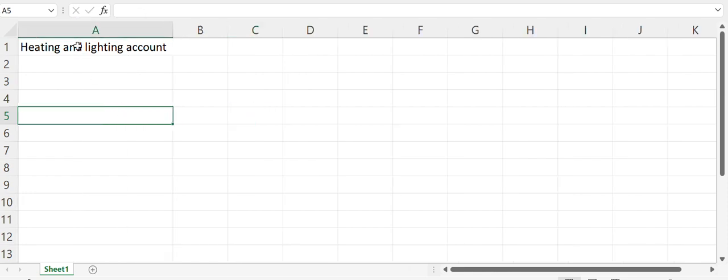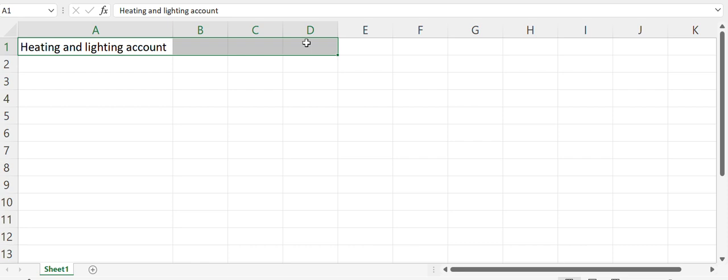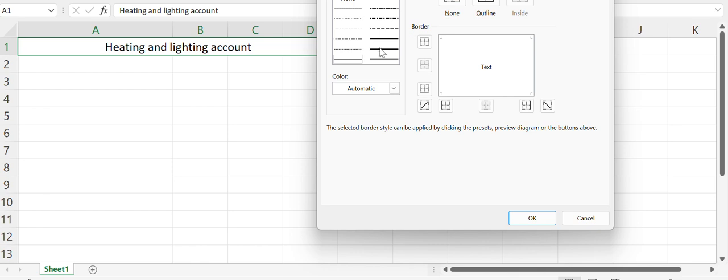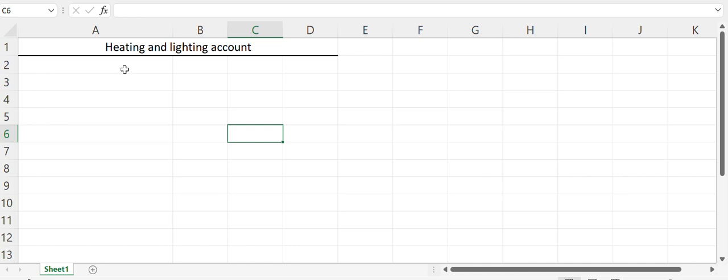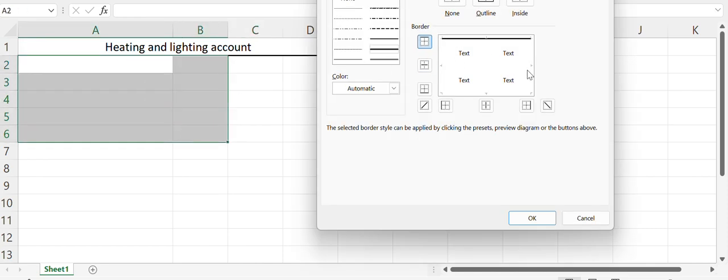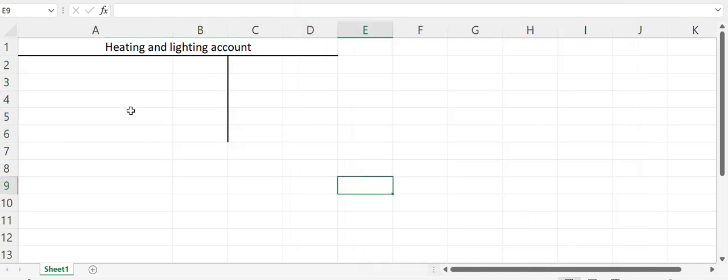So for heating and lighting, remember when you open the T accounts, we've already figured that this is an expense. So we are going to go to the trial balance.